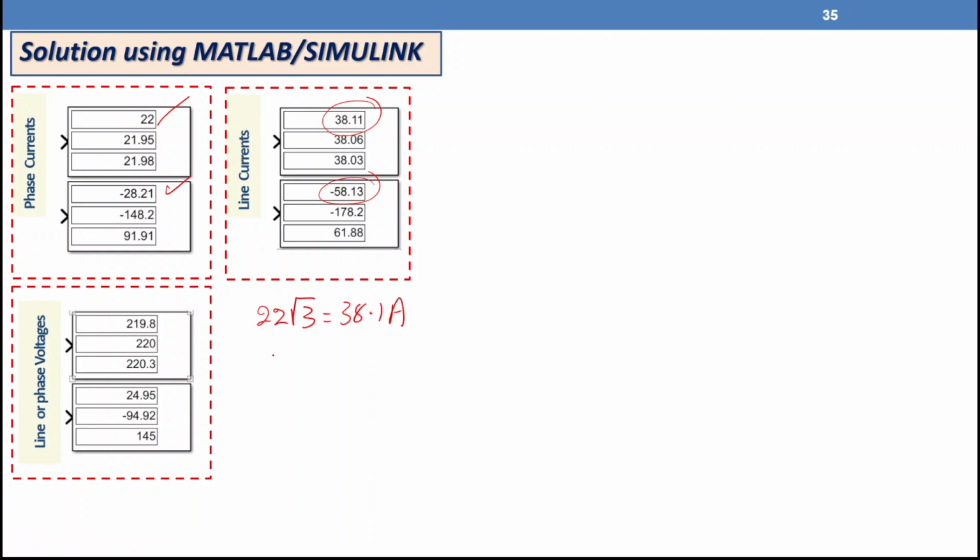And if you have minus 28.2 minus 30, where the line current lags the phase current by 30 degrees, that gives you something like minus 58.13 or 58.2. Regarding the voltage, it is the same. Line voltage equals phase voltage, 220 volts, and the angle will be 25, shifted by minus 120 and plus 120.